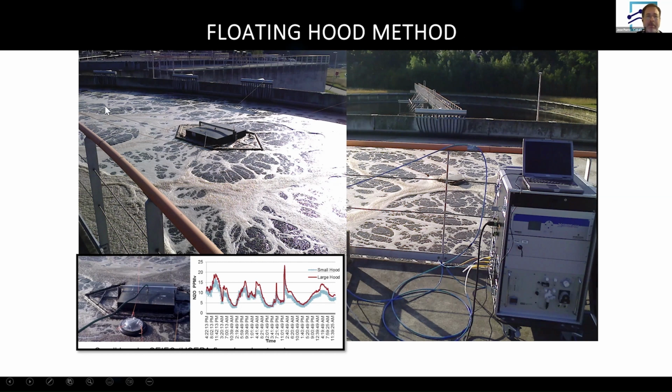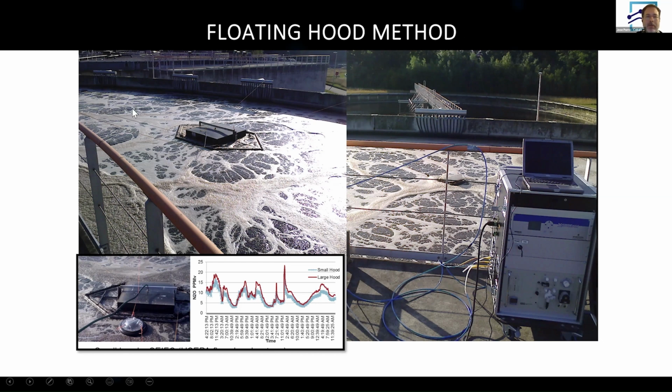Depending on the mixing conditions, if they're plug flow conditions, you can have higher concentrations of ammonia and different concentrations of dissolved oxygen, which will lead to different concentrations and emissions of N2O.